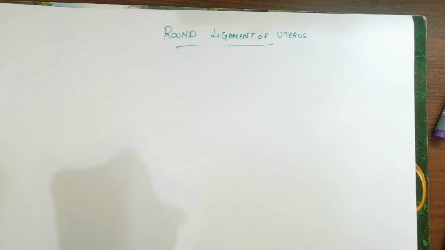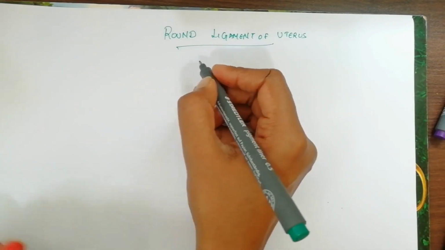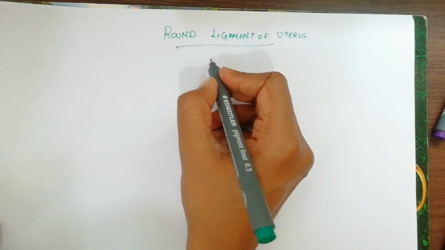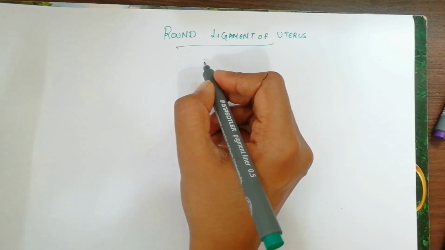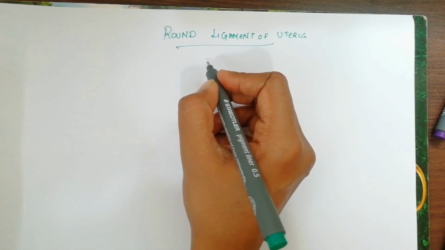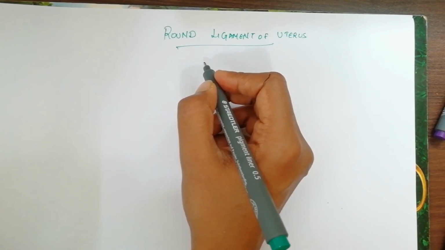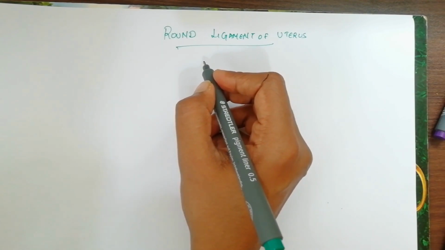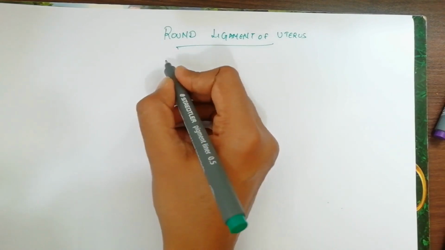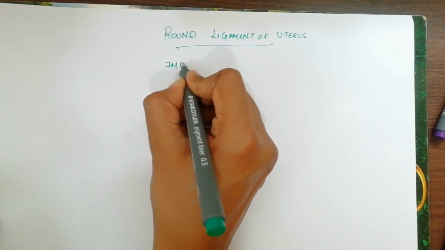This round ligament, as we already know, is a fibrovascular band, and it is a remnant of the gubernaculum of the ovary. Developmentally we have a part in the female reproductive system, that is the gubernaculum of the ovary, which is going to exist as the round ligament of the uterus at a later stage. So this round ligament is a fibromuscular band.